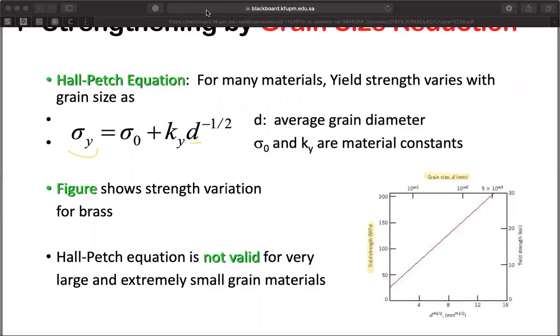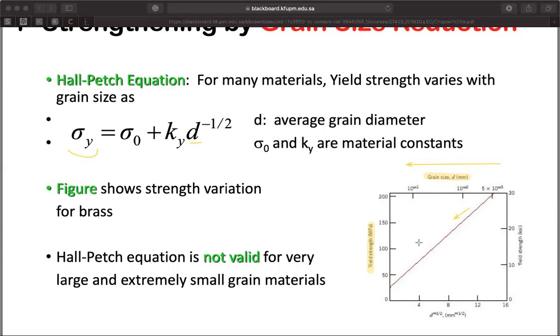Now, as you increase the grain diameter, you're going to have less surface area, or smaller grain boundary surface area. So what's going to happen? Here the diameter increases from right to left. If you increase the diameter of the grain, what's going to happen to the yield strength?